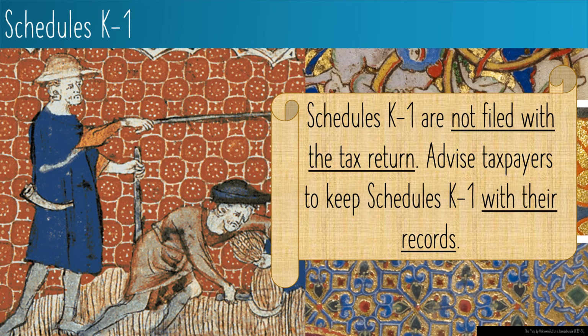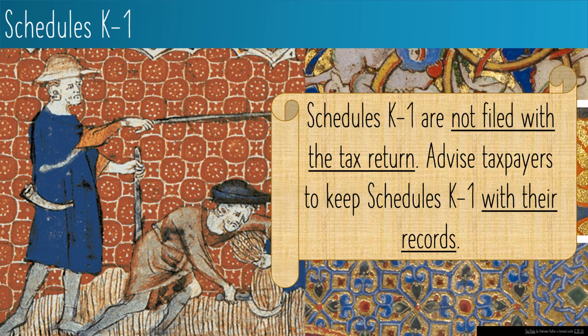So unlike the W-2s or the 1099-Rs or other 1099s, the Schedule K1s are not filed with the tax return. So the IRS wouldn't be expecting to get a copy of the K1 with the taxpayer's return.